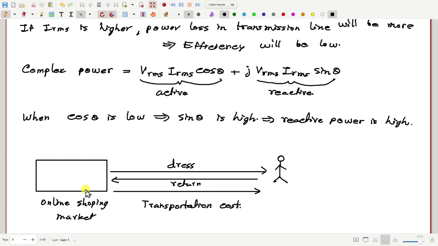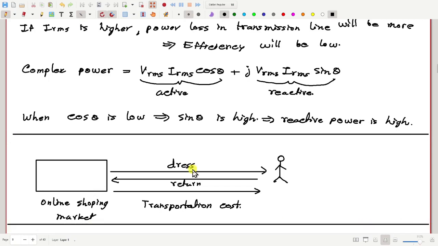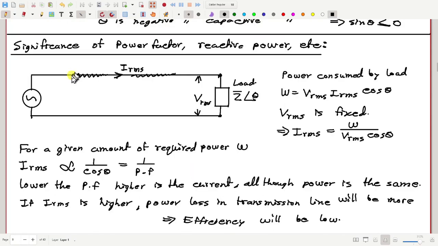Therefore, the situation when we are consuming reactive power is also analogous to this. If we take reactive power and return it back, although I am not consuming it, when I am taking it through the transmission line and returning it through the transmission line, part of it is lost.